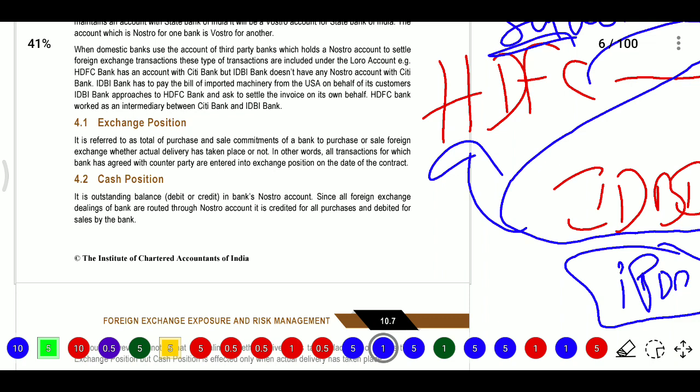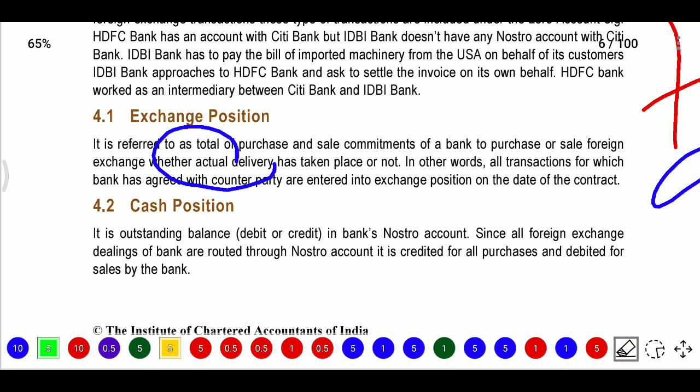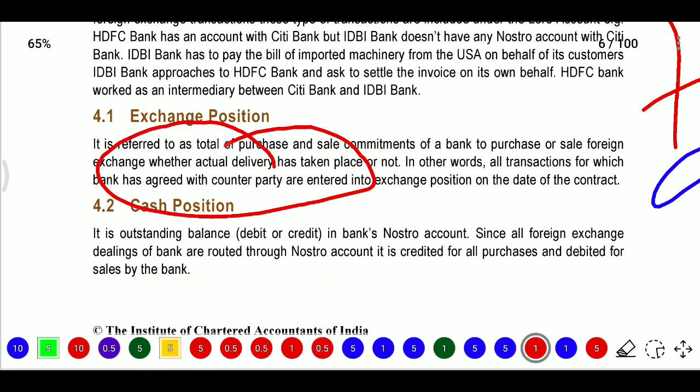In other words, all transactions which the bank has agreed with a counterparty on the date of contract form the exchange position.